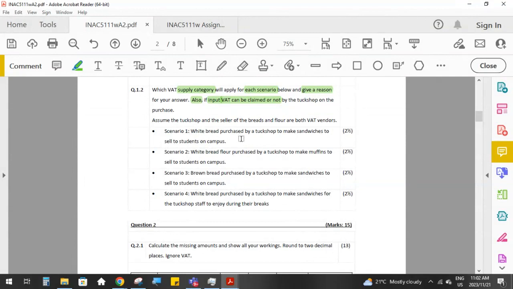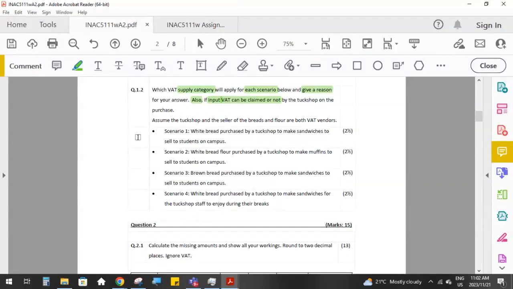We know that as a VAT registered vendor, if purchases are standard rated, in other words VAT was charged to you when you made that purchase, you can claim that VAT back. If it's a zero rated supply or an exempt supply, there is no VAT included in that purchase, so you can't claim VAT because none was charged to you in the first place.